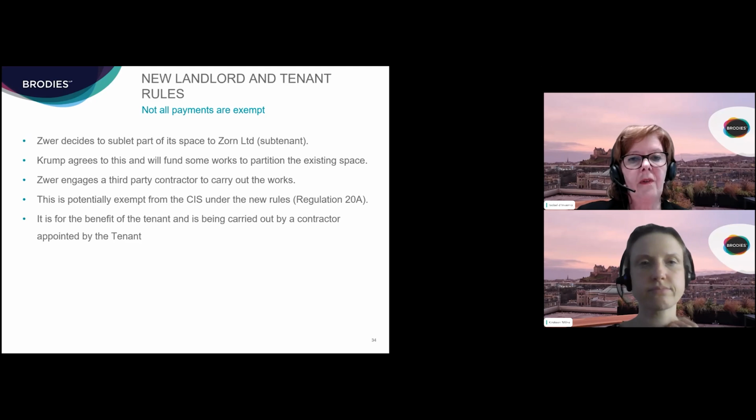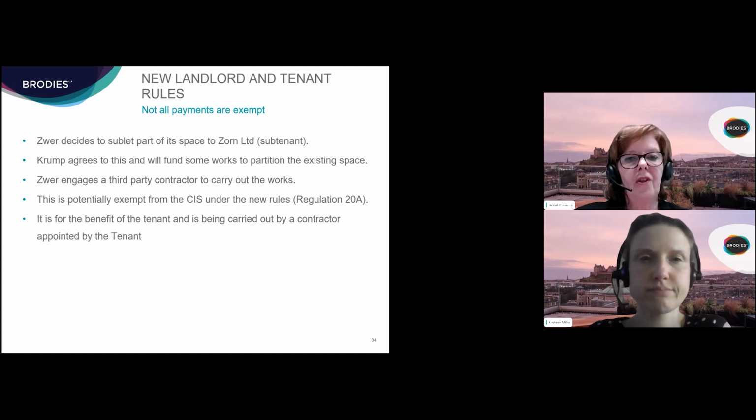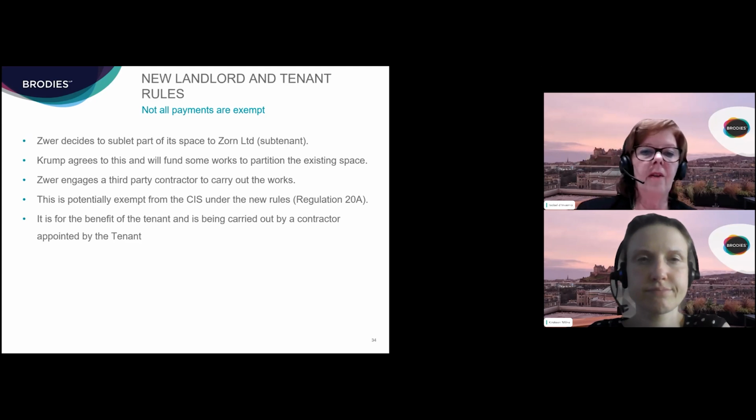If we move on to the next slide, not all payments are exempt, and you have to check out all the details of what's actually going on. The tenant decides to sublet part of its space to a subtenant. The landlord agrees to this and will fund some works to partition the existing space.